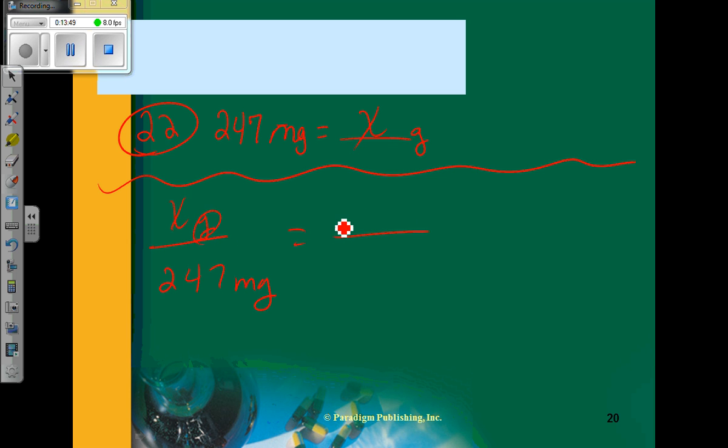So you have grams on top here, we're going to put the grams here. Milligrams on the bottom, milligrams down here. Cross multiply. X times 1,000 always goes on the bottom because you're multiplying it by x. 247 multiplied by 1 is 247. Then 247 divided by 1,000 should be 0.247 grams.